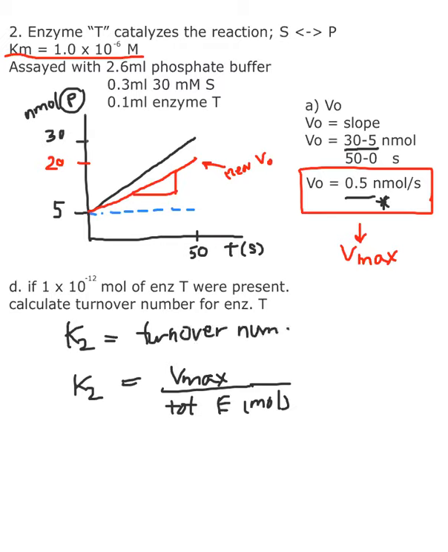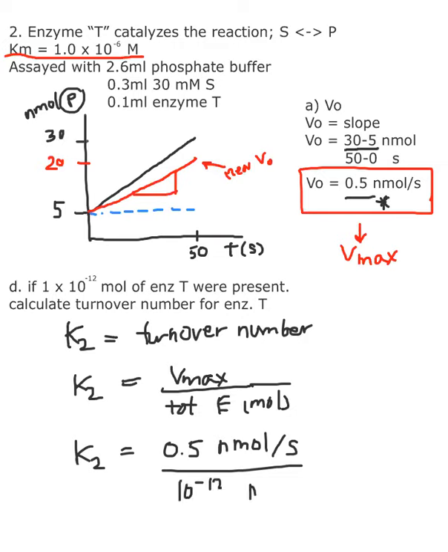So you can plug in the numbers here. Vmax is 0.5 nanomole per second, and then divide by the total amount of the enzyme, which is 10 to the negative 12 mole here. So I will change Vmax into the unit of mole.